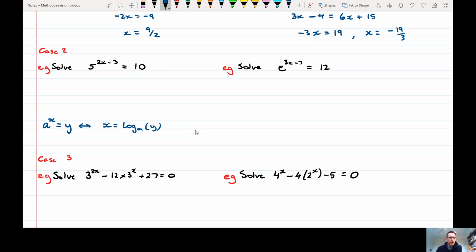So I end up here having the power gets written at the front. So you get 2x minus 3 gets written at the front equals logarithm with the base of the same base we already have, which is a 5, of 10, like that. And then we solve for x.